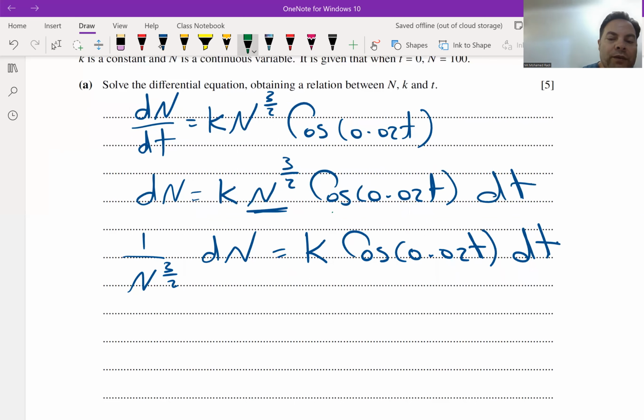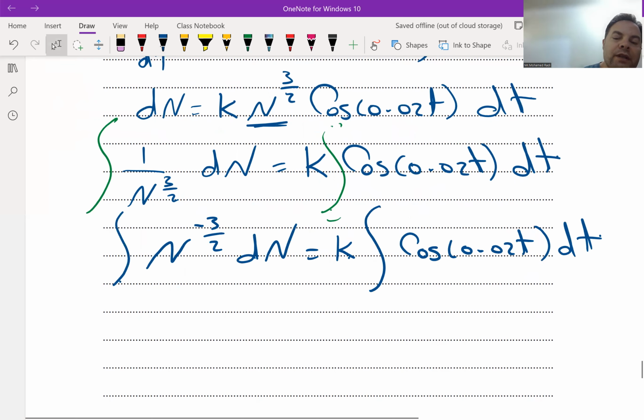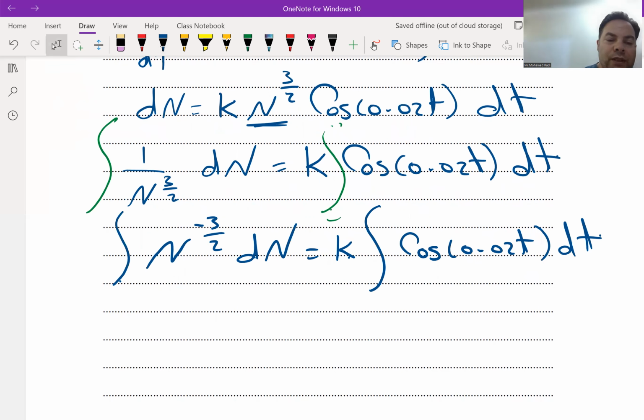Integrate both sides. So n to the power of negative 3 over 2 dn is equal to k integrate cosine 0.02t dt. Then start to integrate.